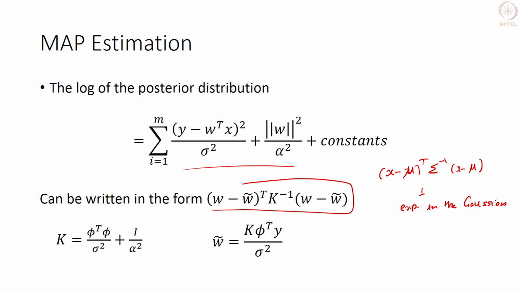So it turns out that if we use a Gaussian model for the likelihood and a Gaussian prior, the posterior is also a Gaussian, and there is a trick called completing the squares, with which you can get it into this form, from which you can directly estimate W tilde. This is the same as W MAP, and the corresponding covariance matrix.